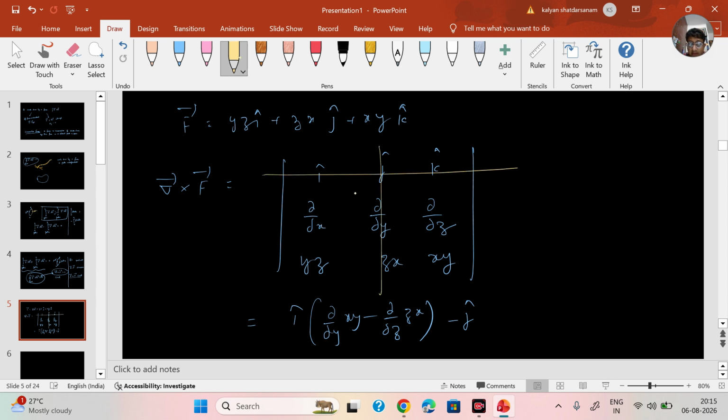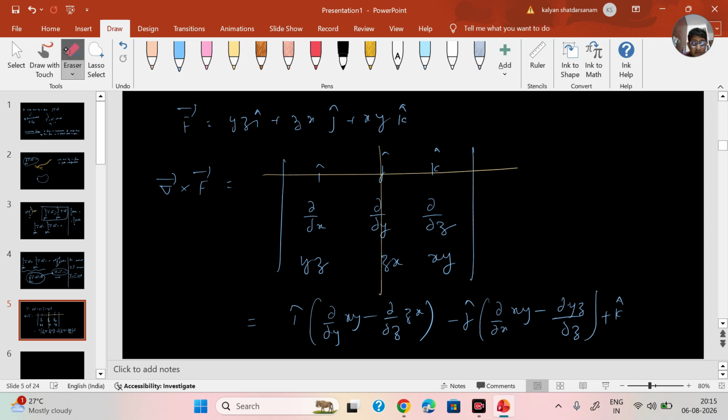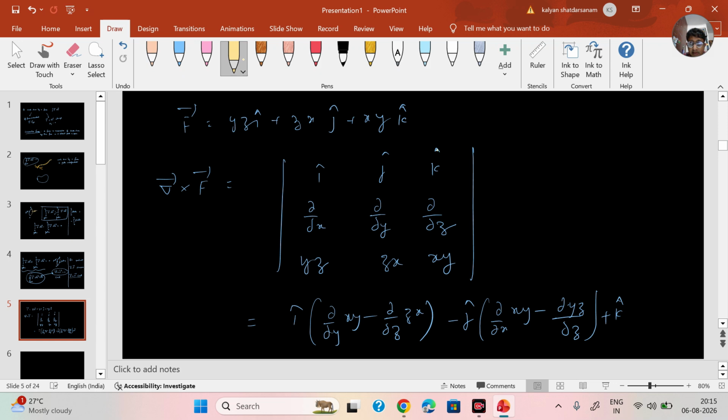So you have dou by dou x of xy minus dou by dou z of yz. Then plus k, close the row and column containing k. Then you have dou by dou x of zx minus dou by dou y of yz. You have this.